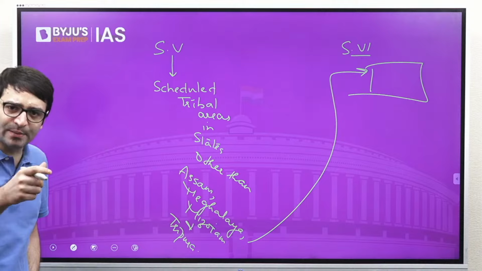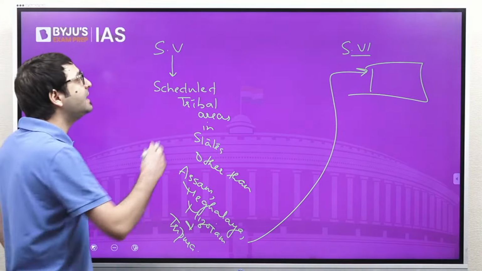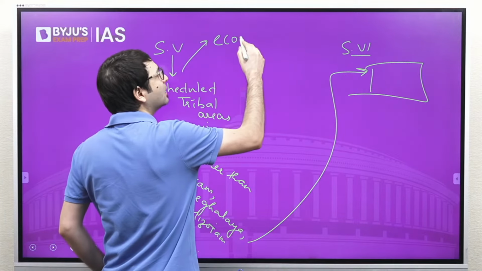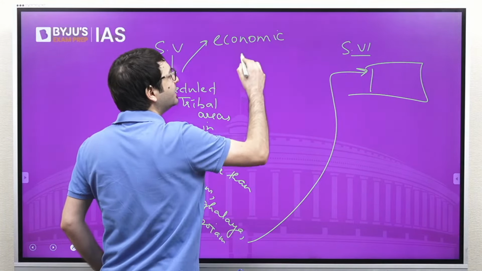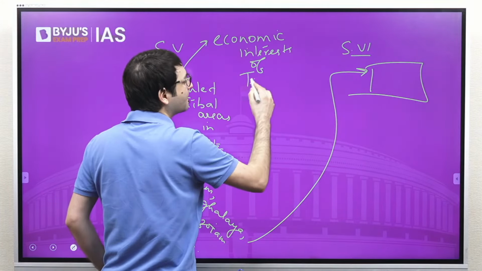Those areas or tribal areas which are protected under Schedule 5 of the Constitution, the idea is to protect only the economic interests of tribals.